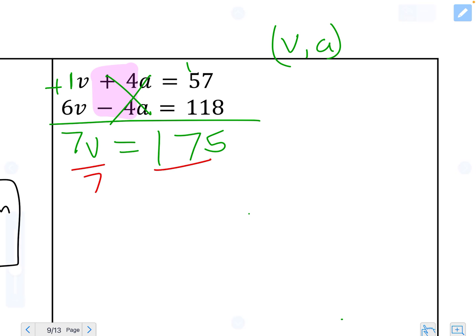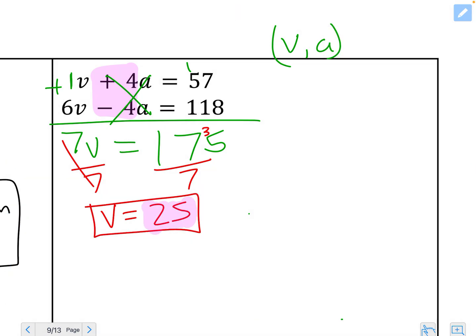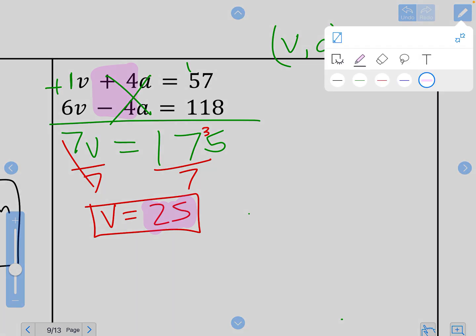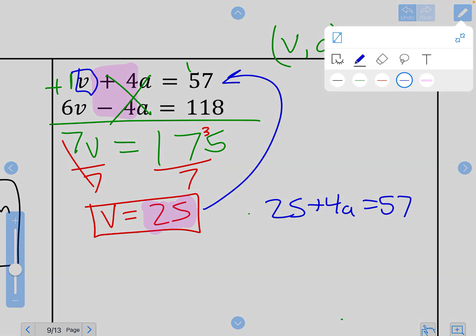My next step is to divide by 7. 7 goes in there 25 times. So v equals 25. So again, I'm going to highlight what v equals. I'm going to plug it into that first equation, which means I'm going to put a box around v. So instead of writing v, I'm going to write 25 plus 4a equals 57.